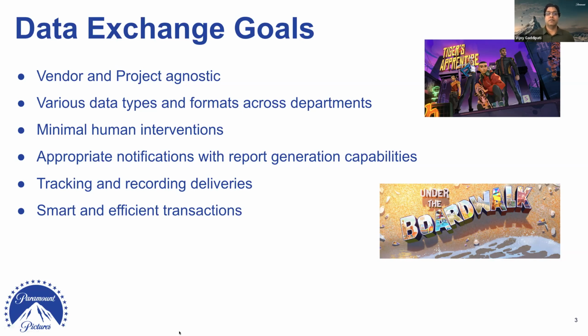Tiger's Apprentice, for example, deals with multiple vendors around the globe across different timelines. So we needed a way to exchange data which is vendor agnostic and project agnostic. In our studio, we established a common pipeline that is shared across projects.